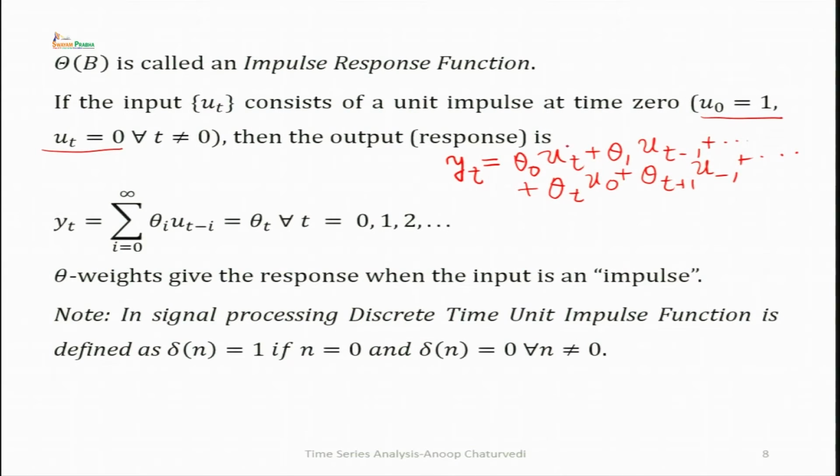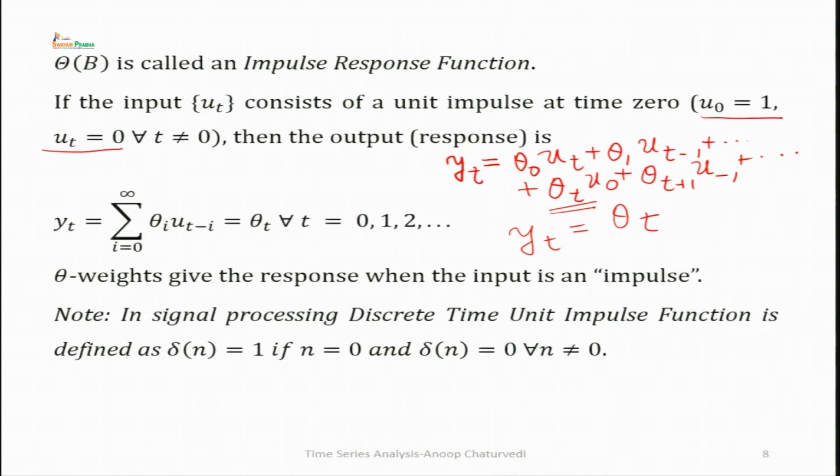So, if in this relation we take u_0 equal to 1 and all other u_t's as 0, then what you get? You get y_t equal to theta_t.